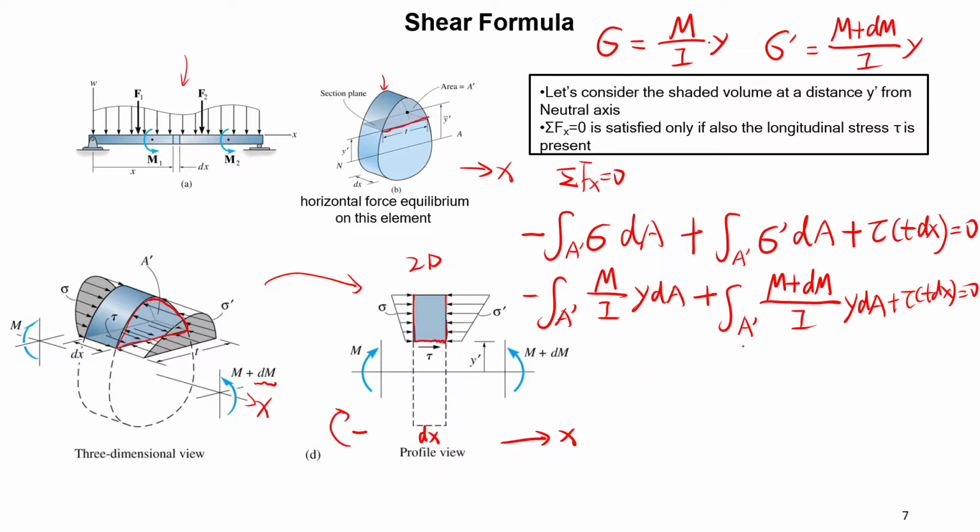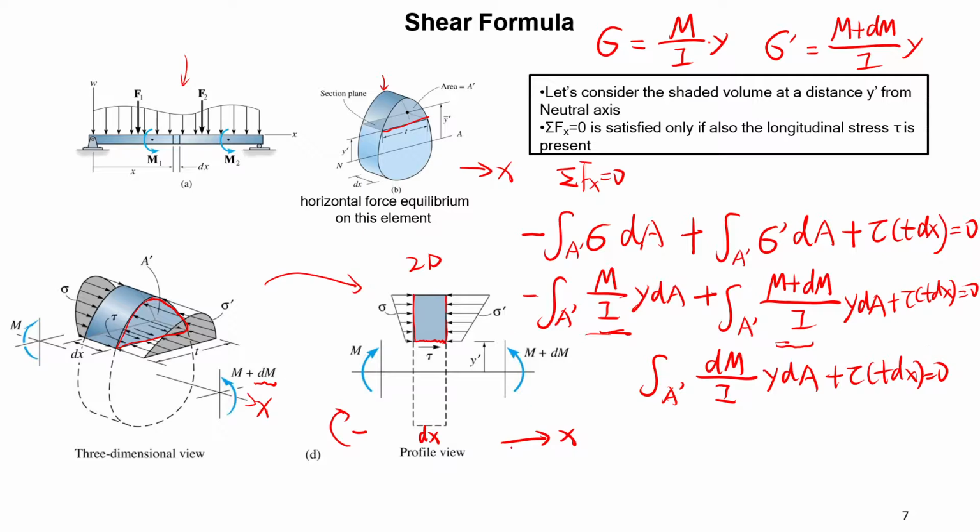If you expand the term here, you will find this part can be cancelled by the same term around here. So it shrinks to a formula like: integral over A prime, then we only have the incremental part dM over I, y dA, plus tau t dx equal to 0.